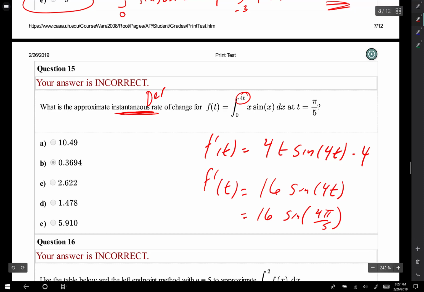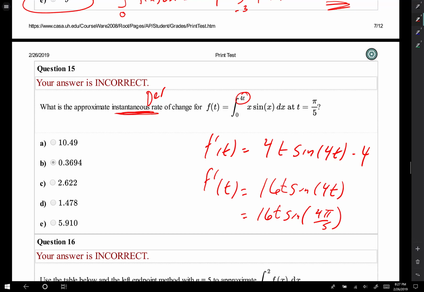The derivative f prime of t is equal to 4t. What is the approximate instantaneous rate of change of f of t? 0 to 4t. 4t sine of 4t times 4. That's correct. Oh, guys, why don't you tell me there's a t here? 4 times 4 is 16, but there's a t right there.